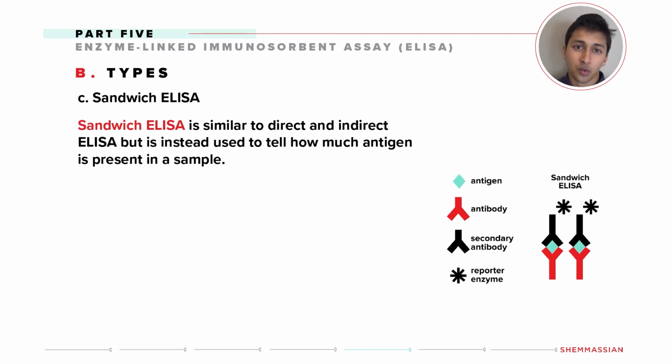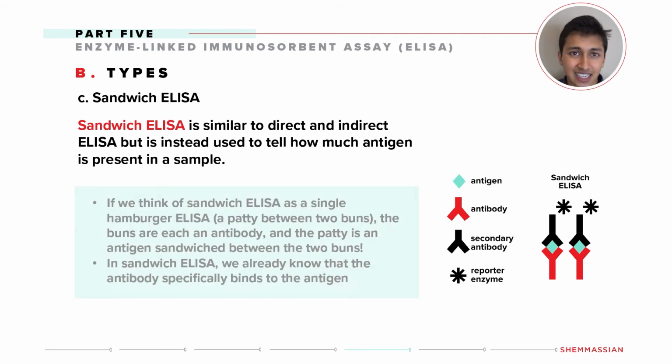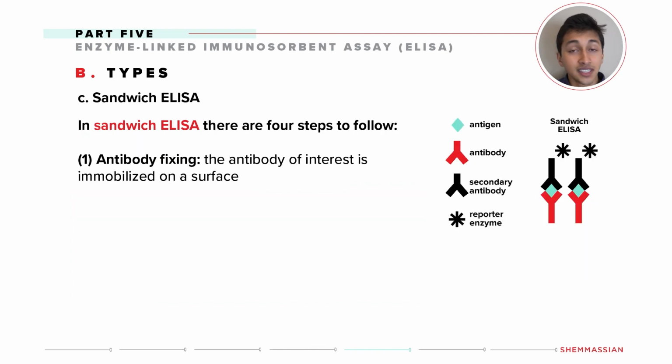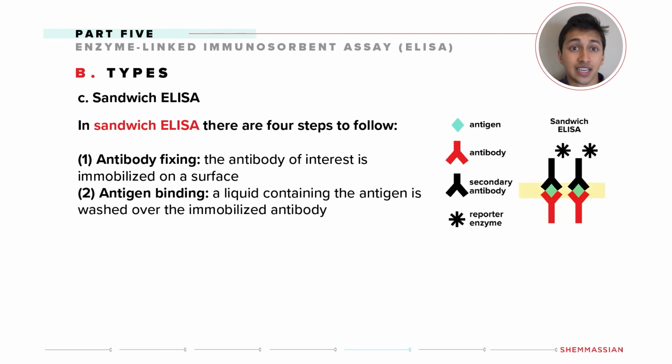And finally, we have sandwich ELISA, which is like the previous two techniques, but it also allows us to tell how much antigen is present. In sandwich ELISA, we already know the antigen is present and will bind to the antibody, and it'll be sandwiched between those two antibodies. This time, the antibody is immobilized on the surface instead of the antigen. Then the solution that may contain the antigen is washed over the surface and allows the potential antigen to bind to the antibody.